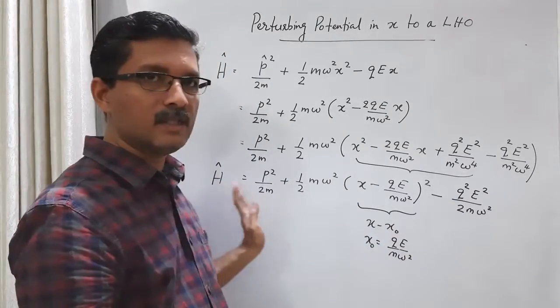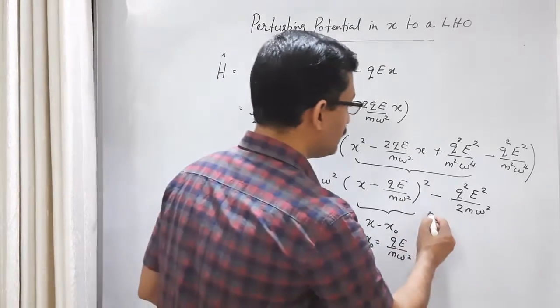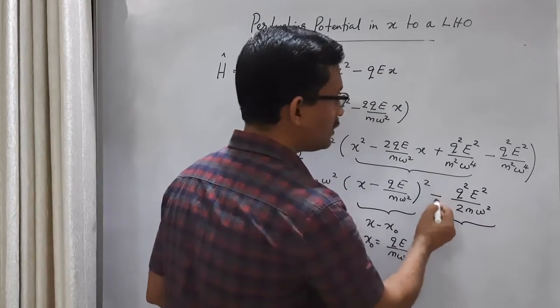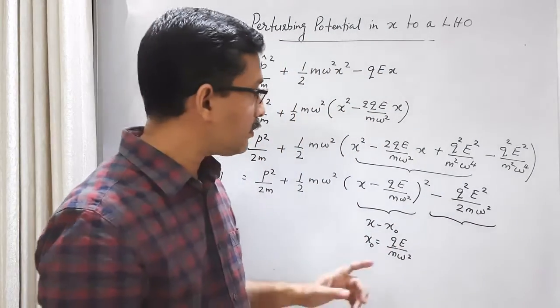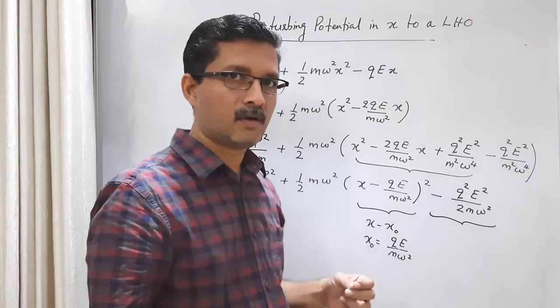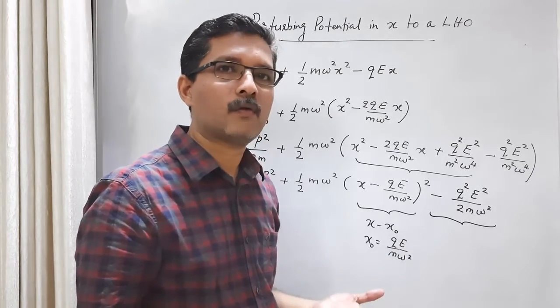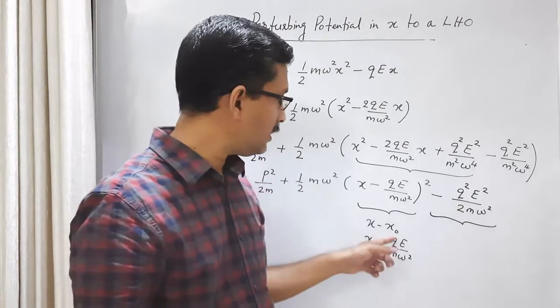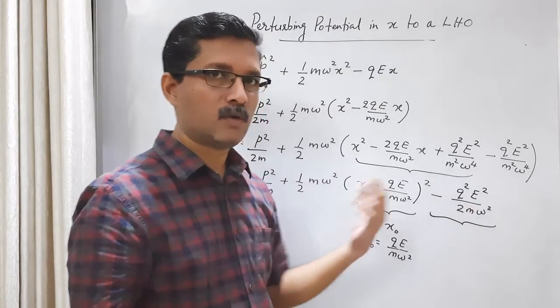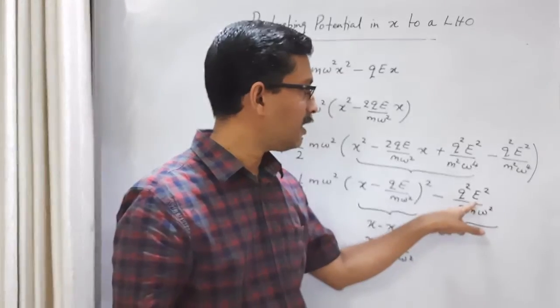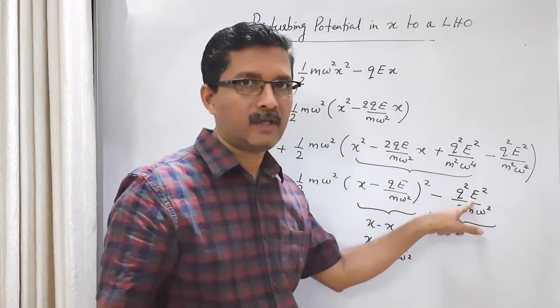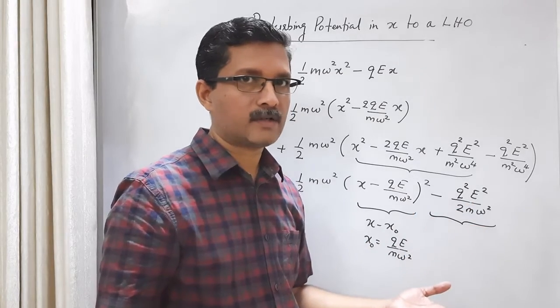The total energy is decreased by this much. There is a decrease. And you can also see that this decrease in total energy is independent of the direction of the electric field. Whether the electric field is along the plus x direction or minus x direction, here we have E square. So this is independent of the direction of the electric field.